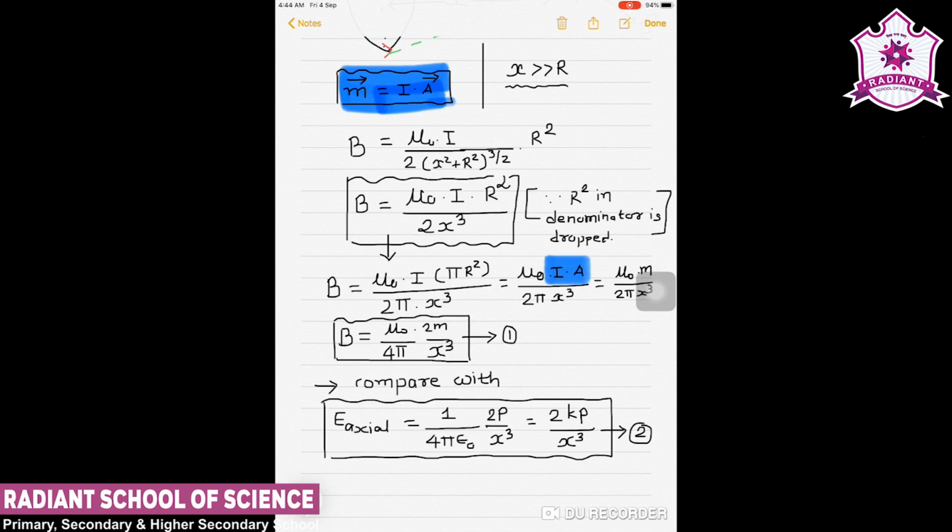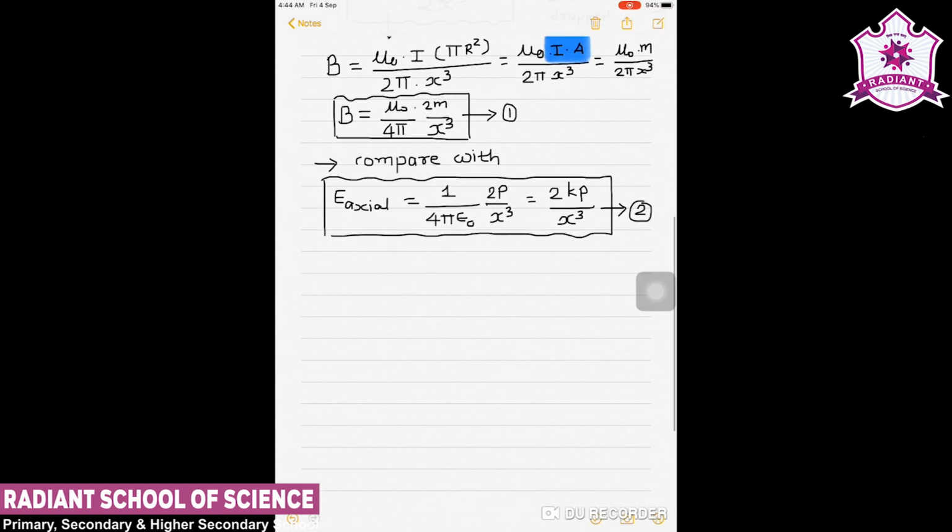This is exactly comparable with the equation of electric field on the axial line of the electric dipole. If we compare these two equations, we have some resembling terms. From equations 1 and 2, what will be the comparative part? For the magnetic field we have mu 0, and the resembling term for the electric field is 1 over epsilon 0.